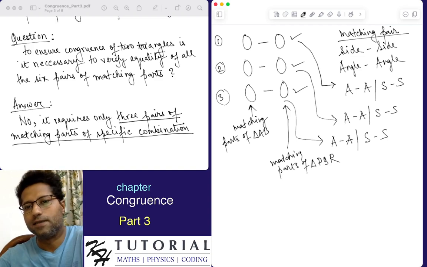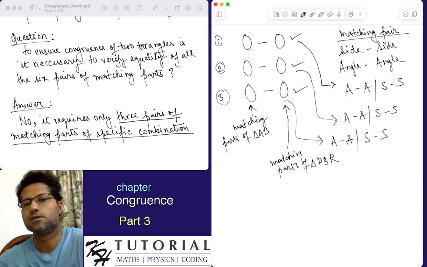So you can see that in these three pairs of matching parts, as I already discussed, each pair is either an angle matching or a side matching.